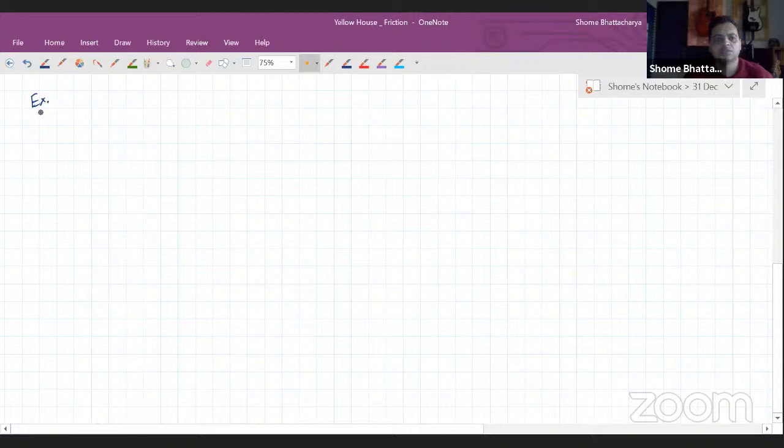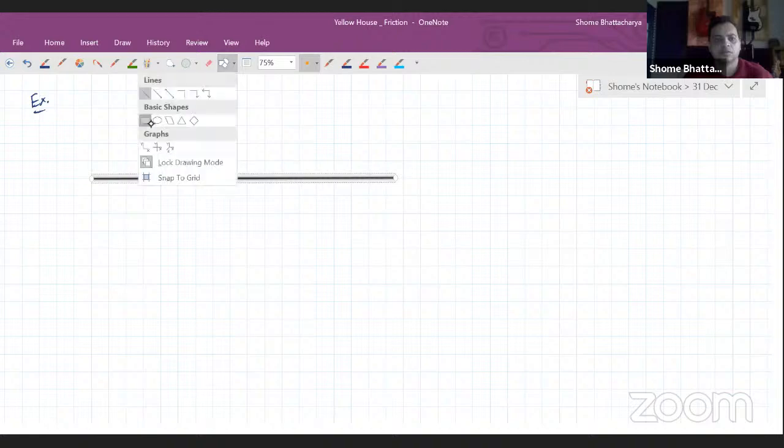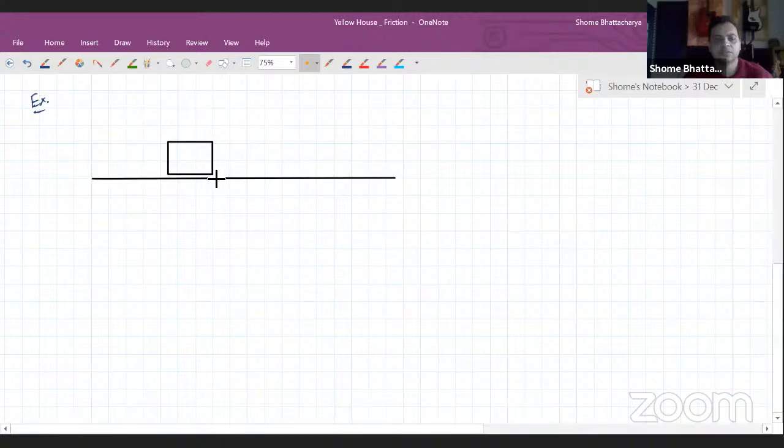So anyhow, let's start with this example. This is a standard kind of situation which you've seen before. This is just a practice example. So we have a block of mass m at rest initially.